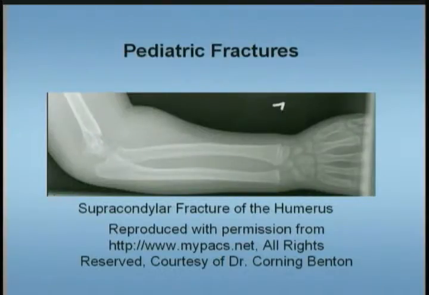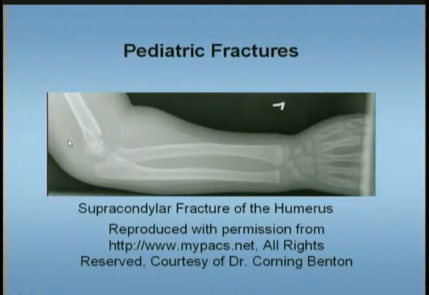Vignette number 12, an 8-year-old boy falls on his right hand with the arm extended and he breaks his elbow by hyperextension. X-rays show a supracondylar fracture of the humerus. The distal fragment is displaced posteriorly. Now this is a bad one. In fact, I think we can show you a picture right now of this supracondylar fracture of the humerus.